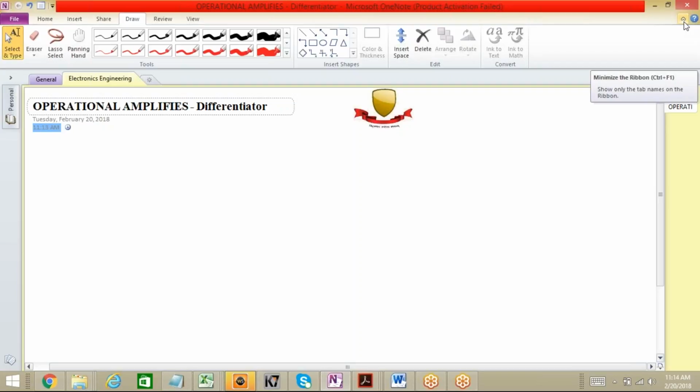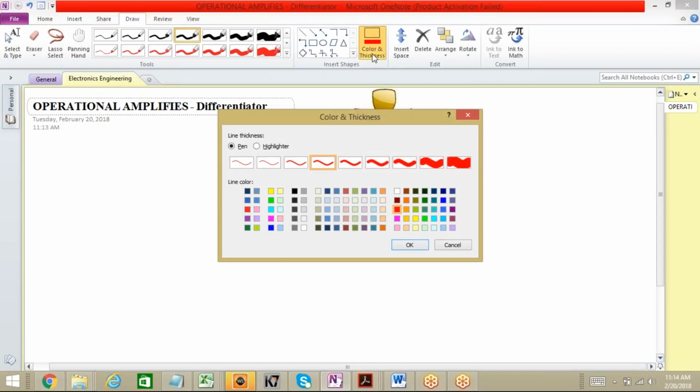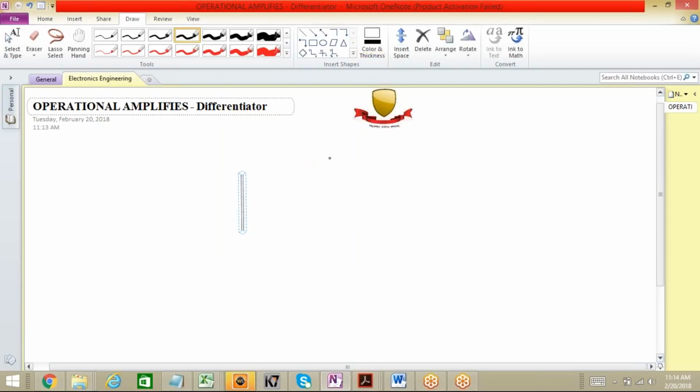I'm sure some of you might have seen a structure like this in your books. Let me make it in a little bit different color.